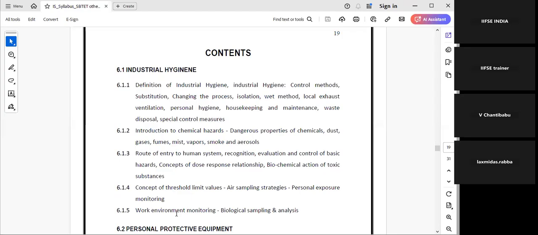Similarly, here we talk about industrial hygiene, how you are maintaining your premises or the workplace or the work area safe from various kinds of pollutants, maybe fumes or mist or gases, dust, etc. So it talks about a complete work environment.